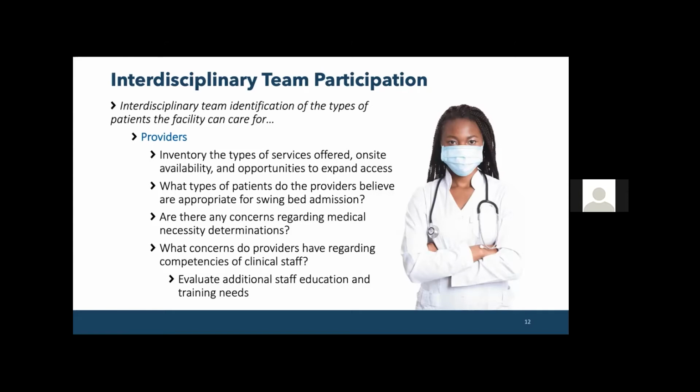Did they have any concerns, whether it be with staffing competencies, clinical care competencies? And is there any additional staff education or training that they believe needs to happen as it relates to the swing bed population and supporting those needs?